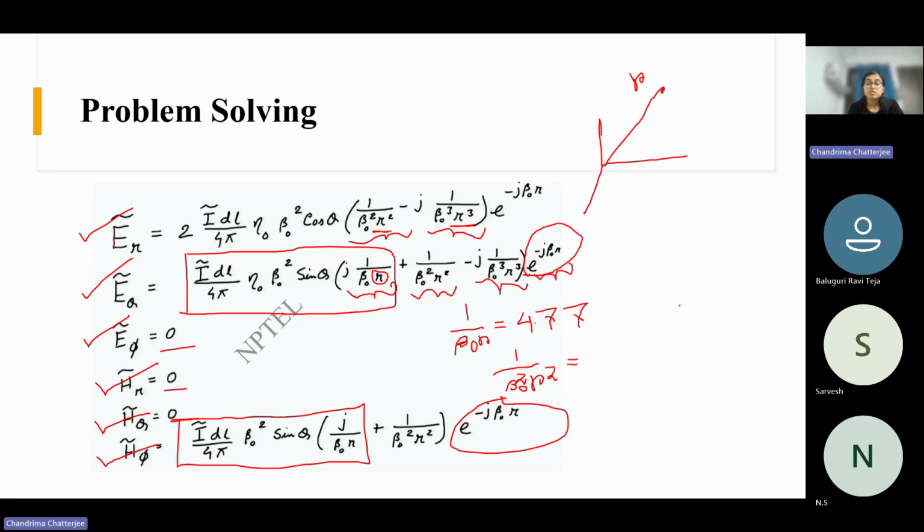So this is 22.8. And finally 1 by beta naught cube r cube. What is this?